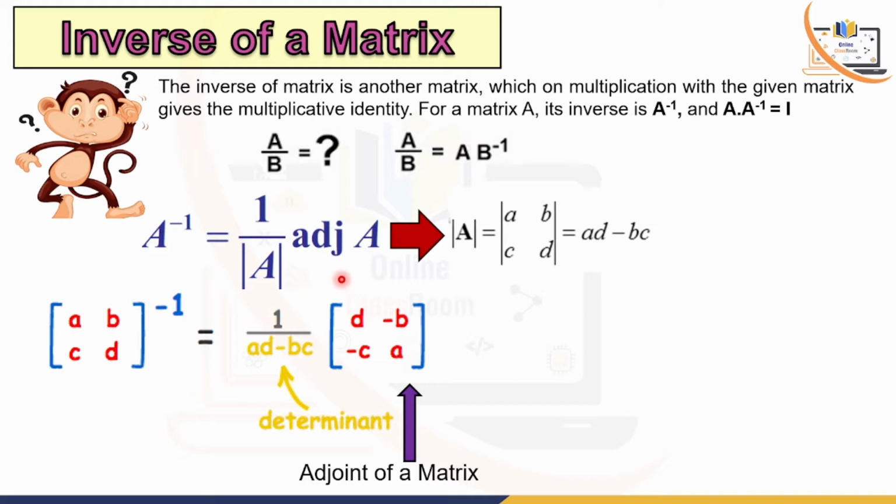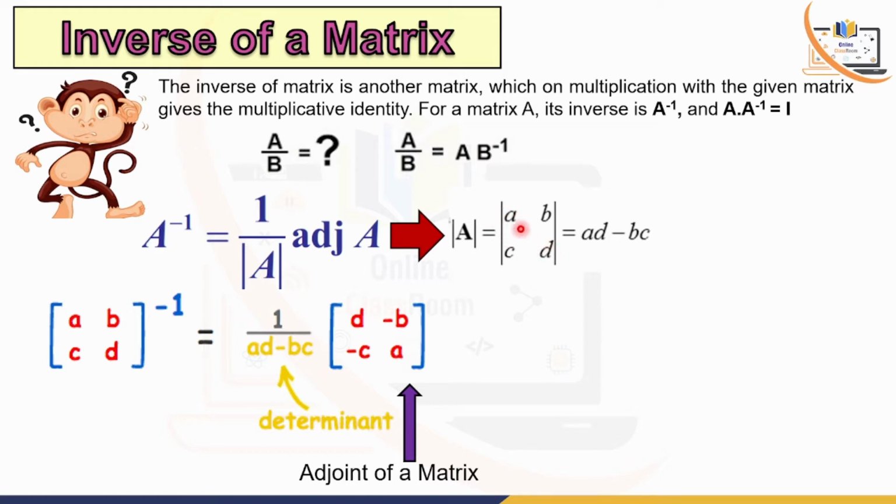Now the question will arise, how can we compute the determinant of A? Well, suppose A is a 2 by 2 square matrix, with rows A, B and C, D, and in case of determinant we use this particular symbol. First we focus on the principal diagonal.